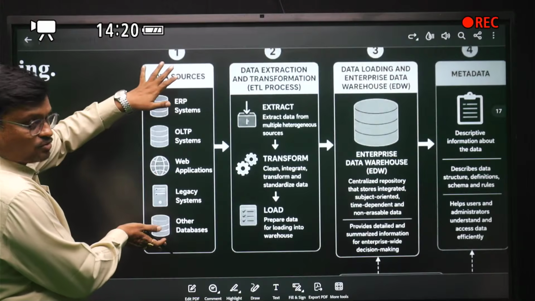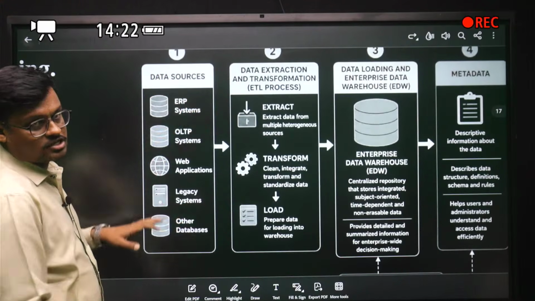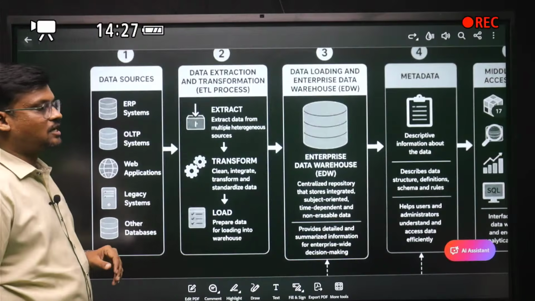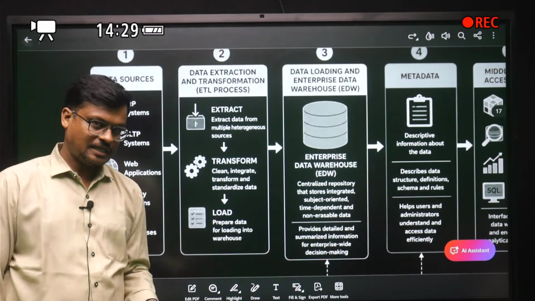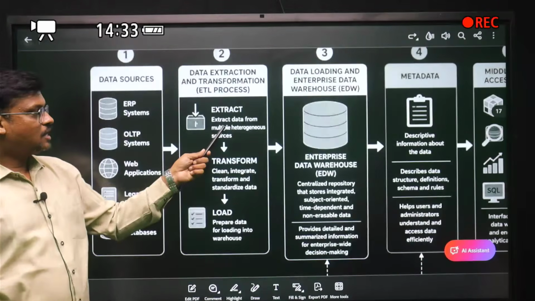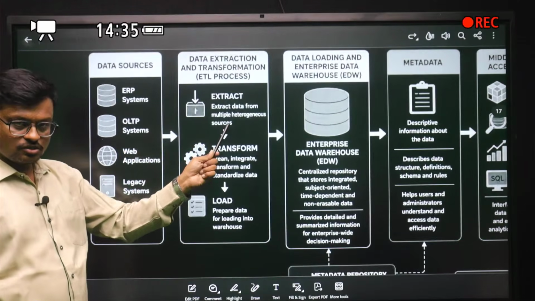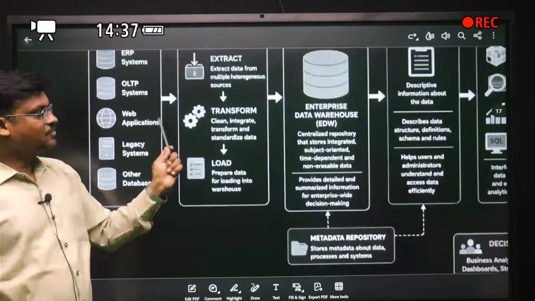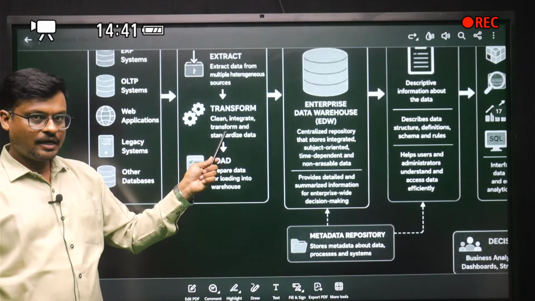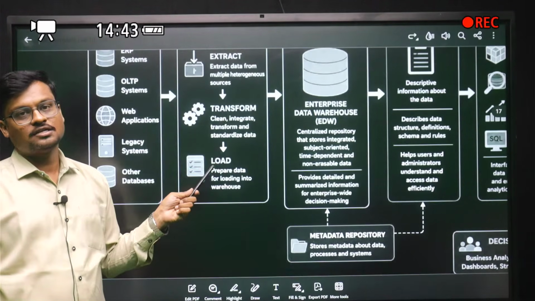From multiple resources, I integrated the data. And then I will go with the data extraction and transformation process. We call it ETL: extract, transform, and load. Extract data from multiple heterogeneous resources, and transform the data into industry-relevant data. That is, you have to clean, integrate, transform, and standardize your data.